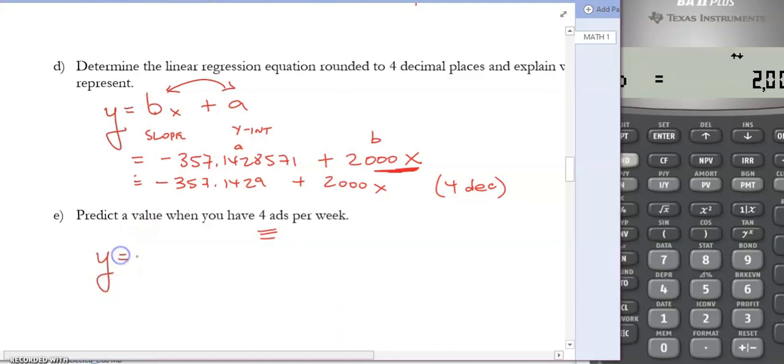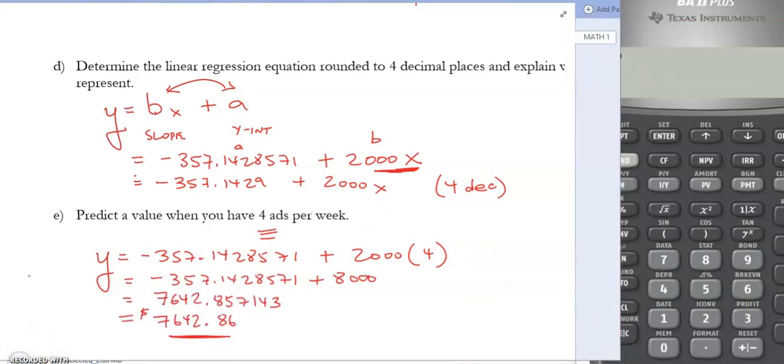So y is equal to minus 357. I'm going to use the unrounded value because that's what your calculator would do, plus 2,000 times 4. And you can see mathematically this gives you $7,642.86 when we round to 2 decimal places. So let me just put 2 decimal places here. And I'd specify how to best round.